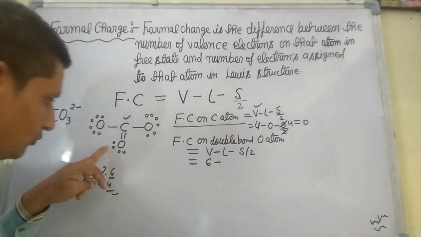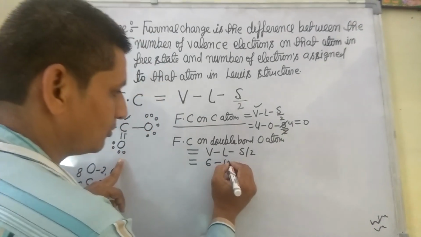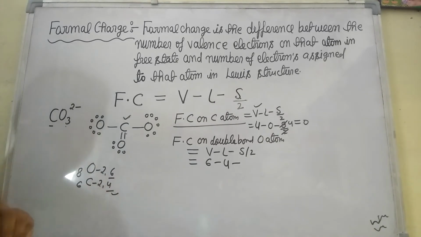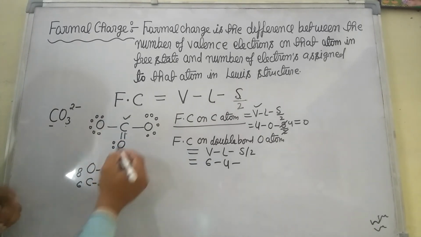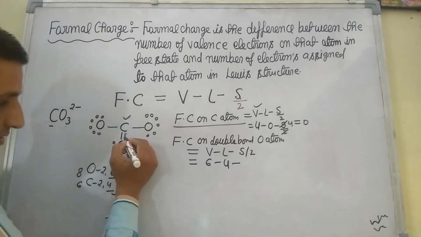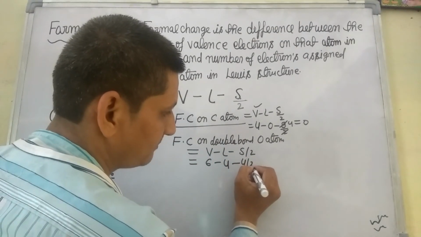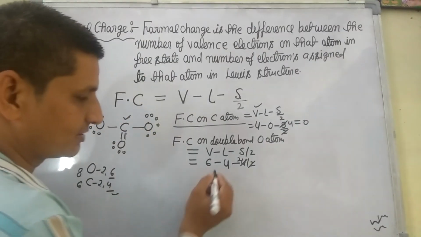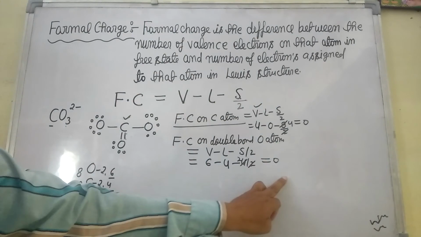After this, lone pair electrons are 1, 2, 3, 4, and shared electrons: a double bond is present here, so total number of shared electrons is 4. Single bond means 2 electrons shared, here only a double bond is present, means total electrons are 4. So 4 divided by 2 is 2. 6 minus 4 minus 2, 6 and 6 cancel, we get formal charge on double bond oxygen atom 0.